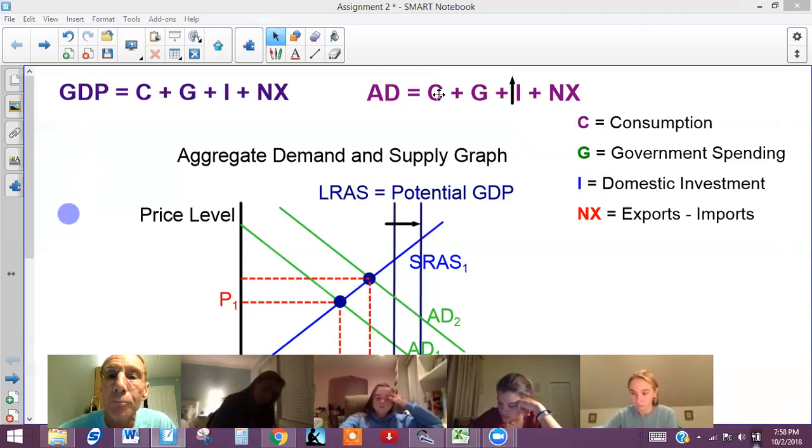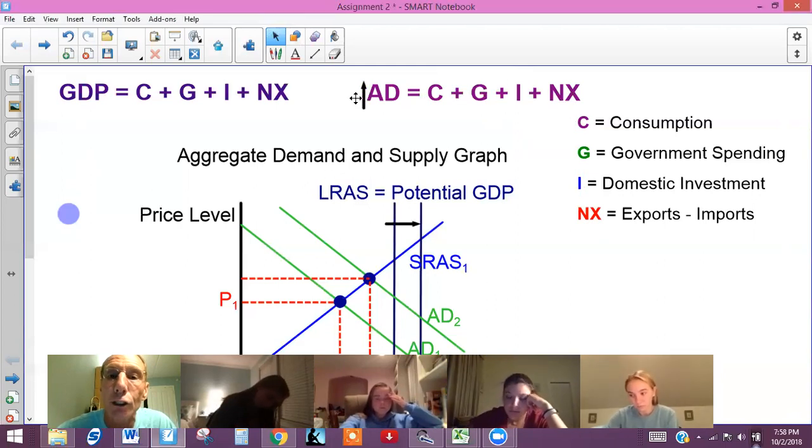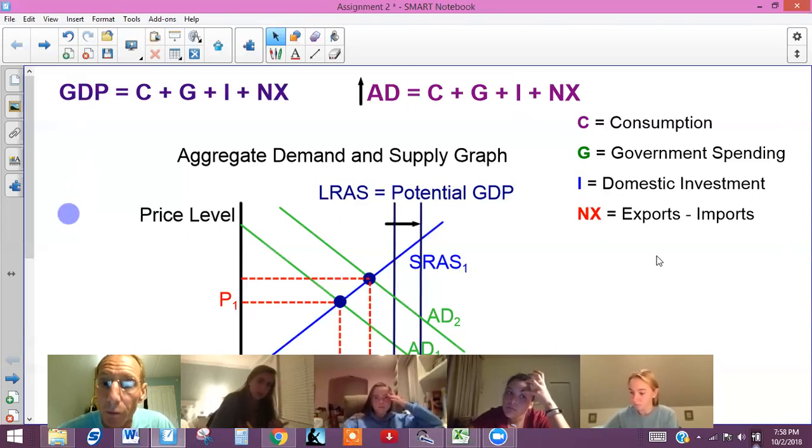But if everything else stays where it is and one goes up, then aggregate demand has to go up, right? Because domestic investment is a component of aggregate demand. That's the explanation. Okay, thank you.